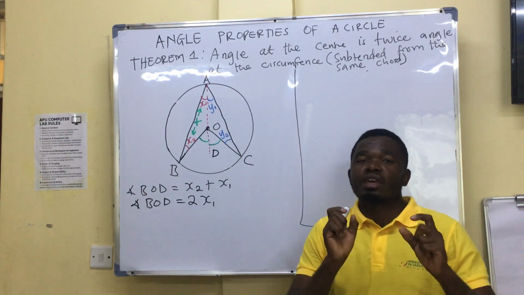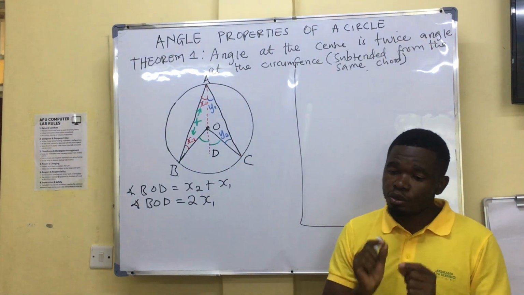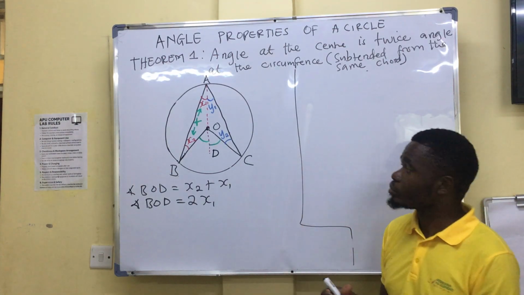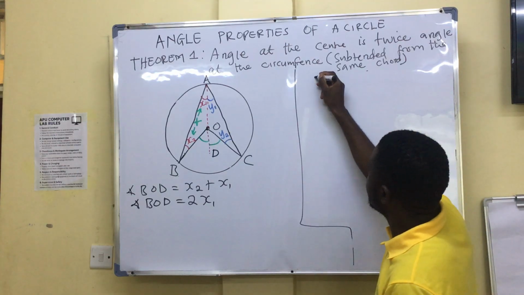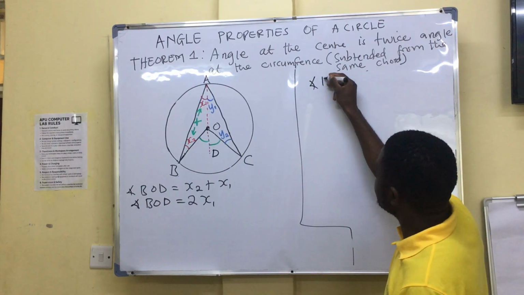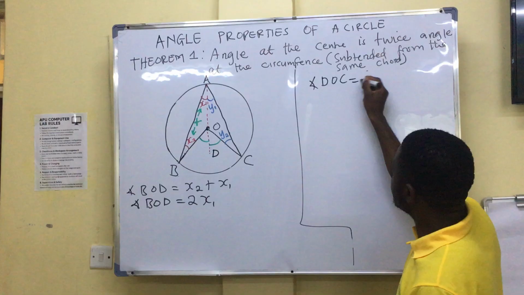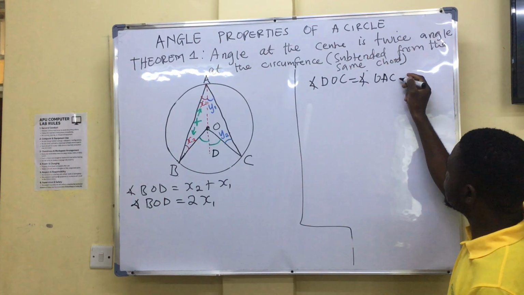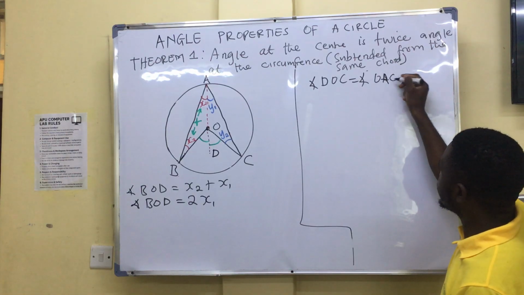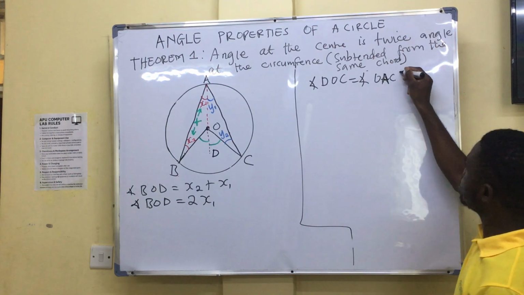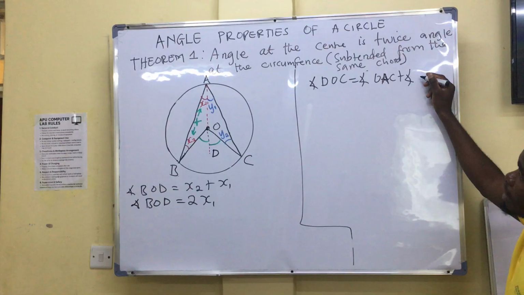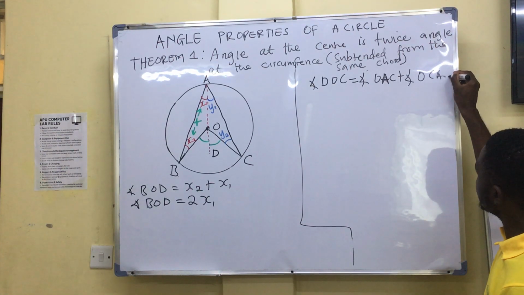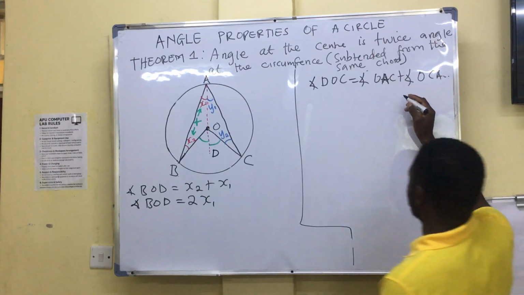Reason: exterior angle of a triangle is equal to the sum of two opposite interior angles. Fine, let's write it. Angle DOC is equal to angle OAC plus angle OCA.